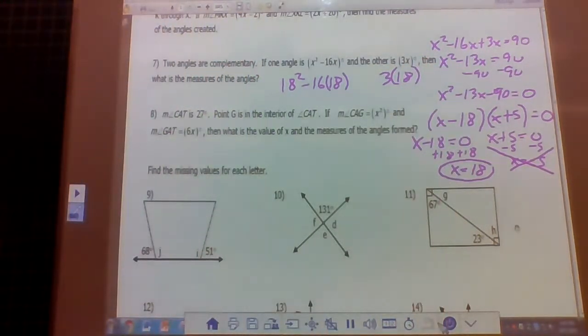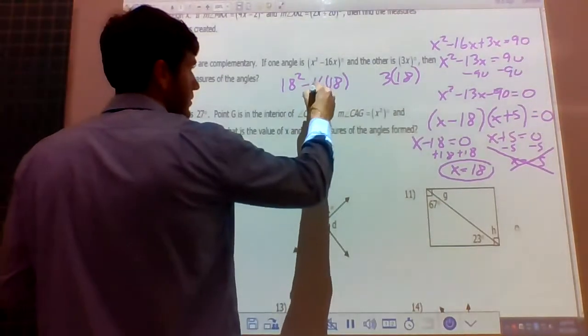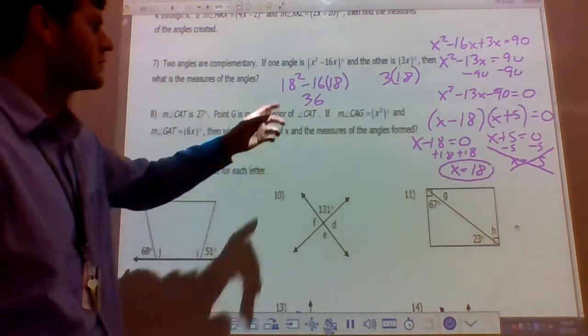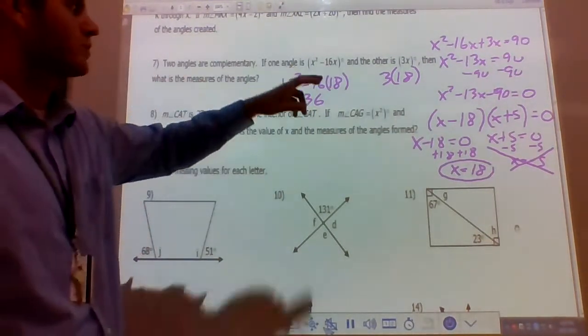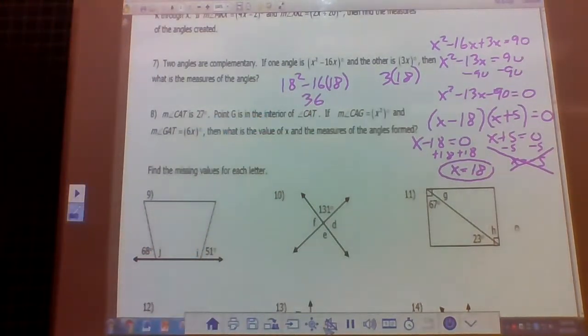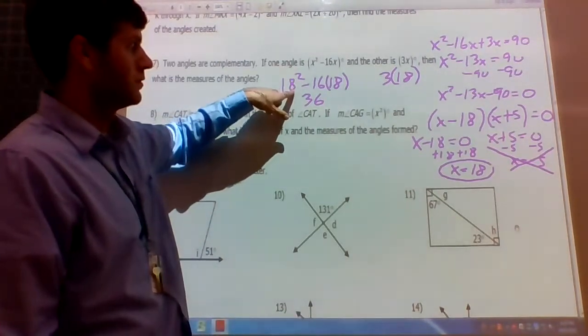So let's try to think. That still seems like it would be high. It's telling us this is 36. Okay, I was thinking 17 plus 18. It really should have been 18 plus 18. Yeah, I'm sorry. Right, because this is 18 times 18.